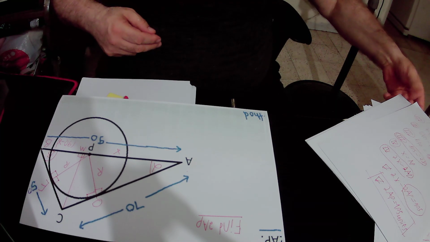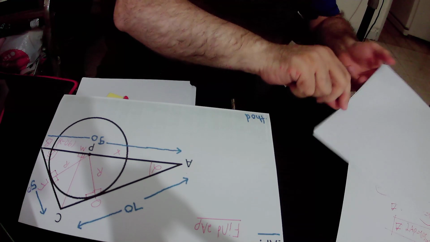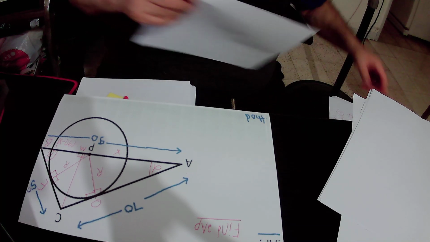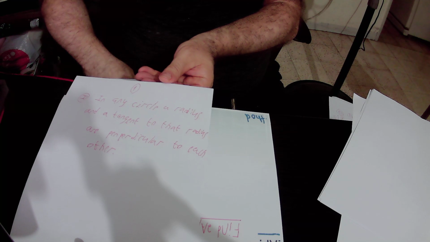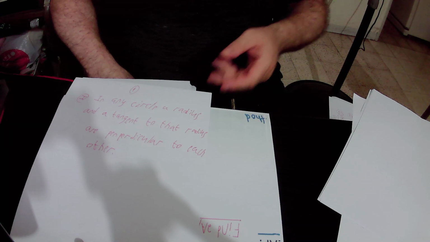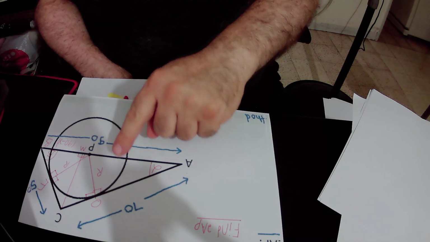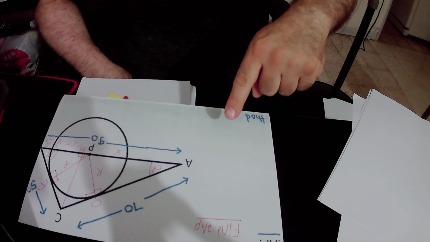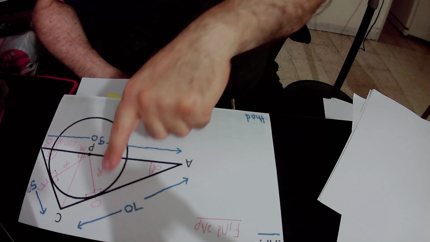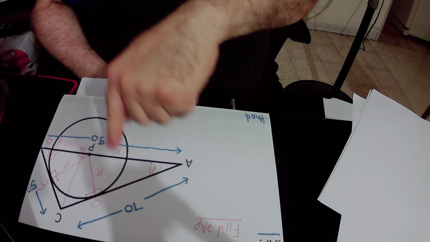And according to the rule that in any circle, a radius and the tangent to that radius are perpendicular to each other. This is the rule. For that reason, the radius PO and the tangent to this radius are perpendicular to each other, and for that reason angle POA is 90 degrees and also angle POC is 90 degrees.